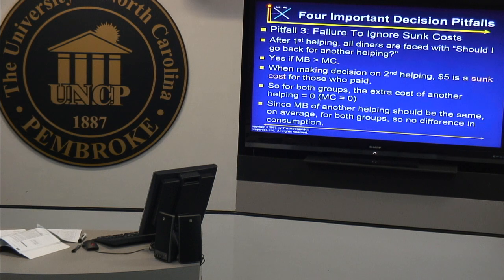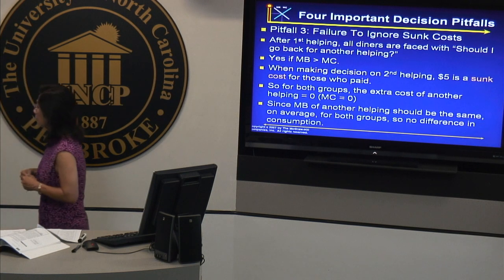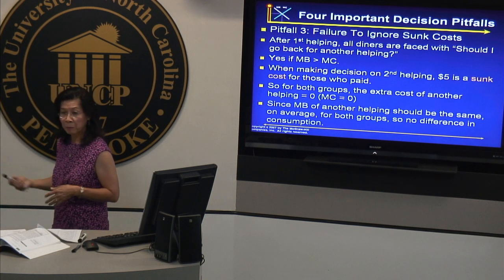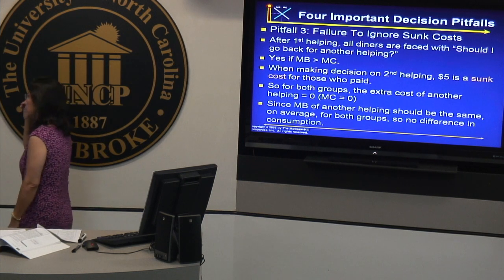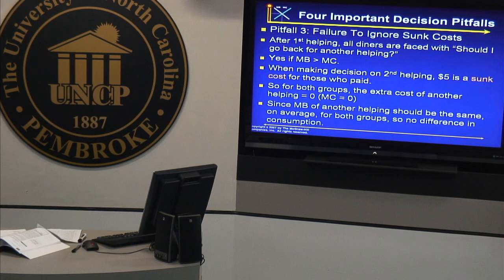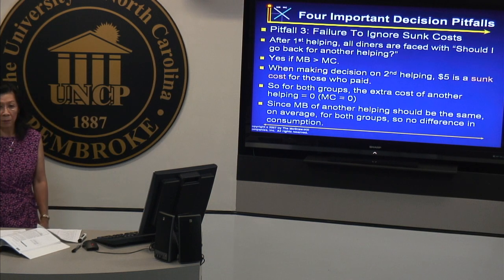So the $5 is the sunk cost for the paying customer. For the other party, it's on the house anyway, it's already been paid for. So for both groups, the extra cost of another helping is 0.